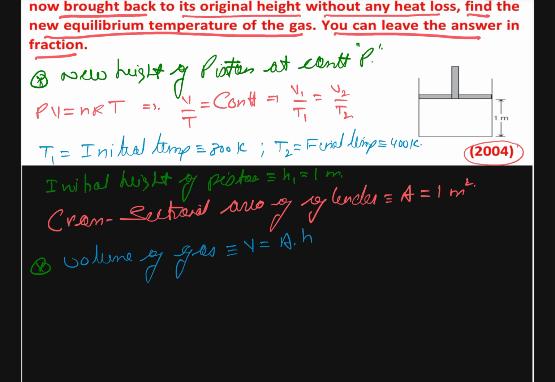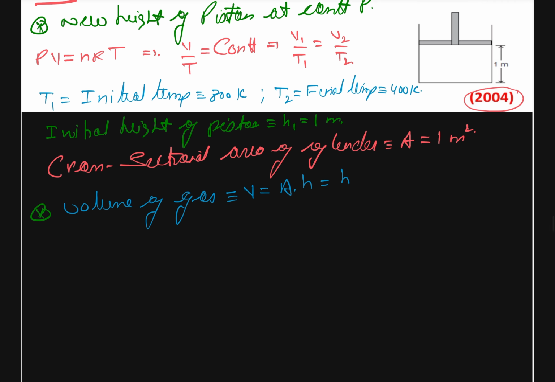And area we know is 1, which is not going to change, so this will become V equal to H. Therefore, initially V1 will be equal to H1, and we can also say that V2 will be equal to H2. Here H2 is our final height.